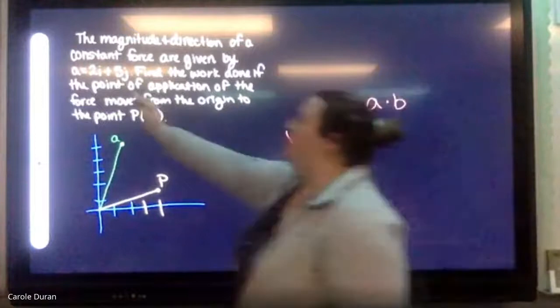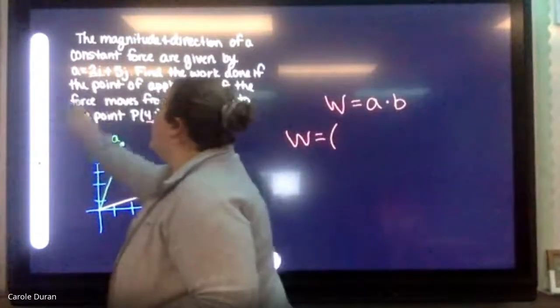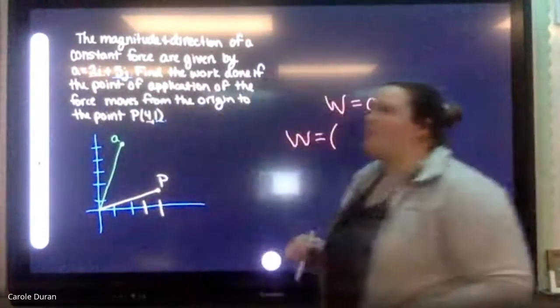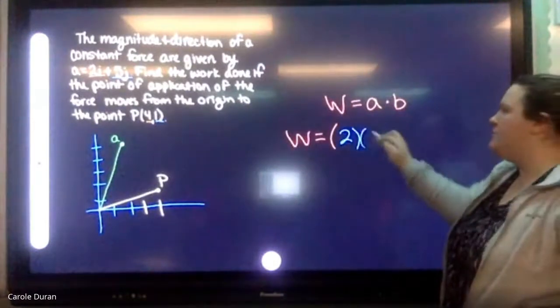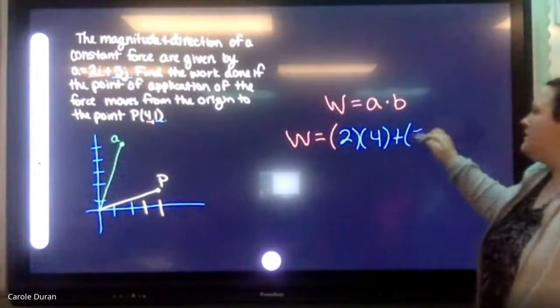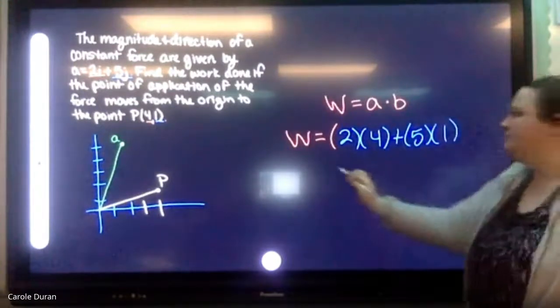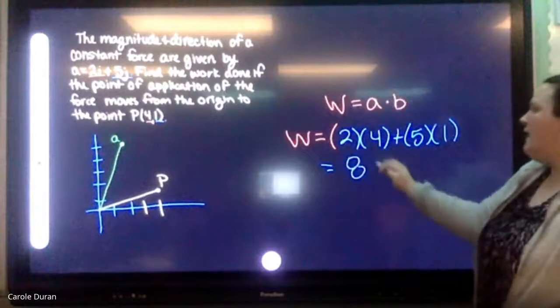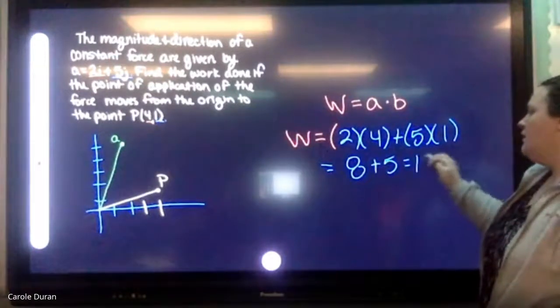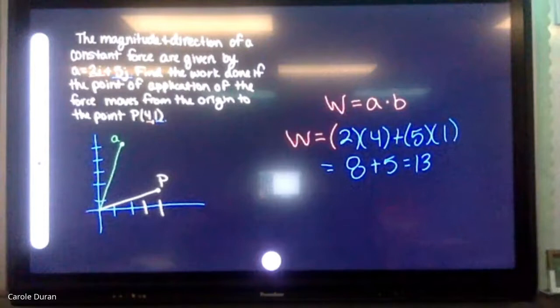My first values are still my first components. My second values are still my second components. So when I multiply them together, I'm going to do 2 times 4 plus 5 times 1. 2 times 4 is 8. 5 times 1 is 5. 8 plus 5 is 13.